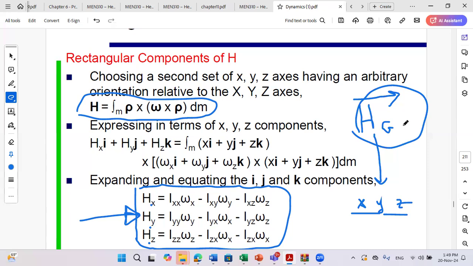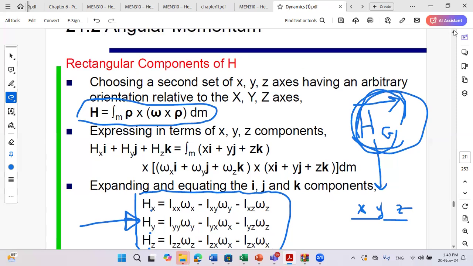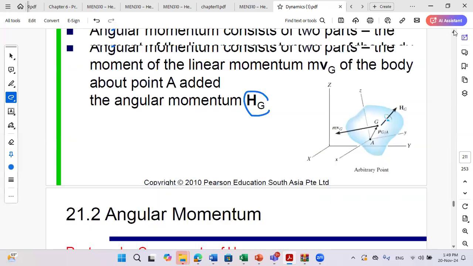And once you get angular momentum about G, you can deduce the angular momentum about any other point, because once you get vector H_G, you can deduce H about any other point A using this formula.